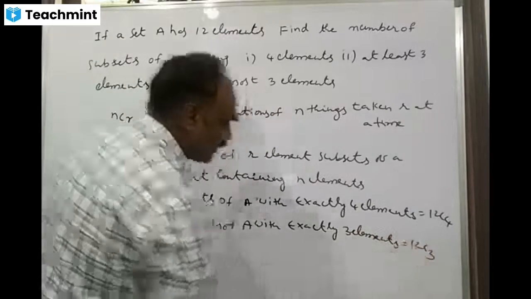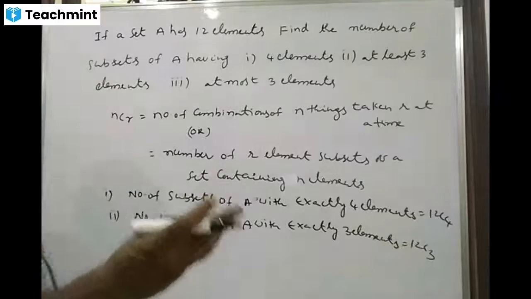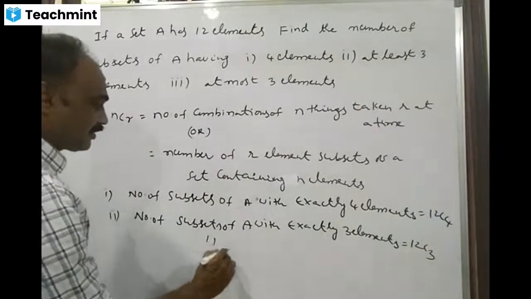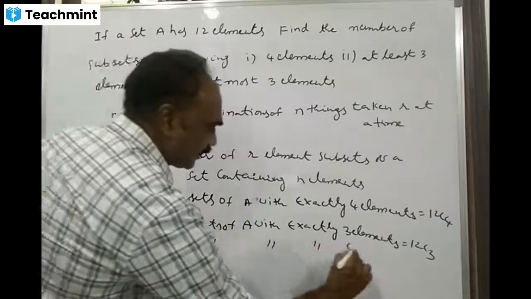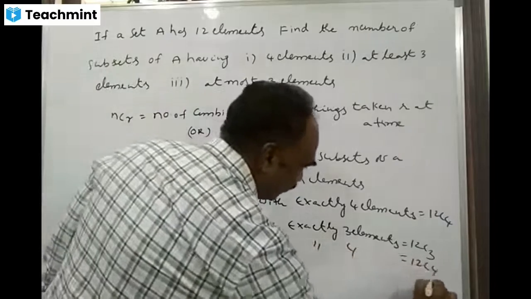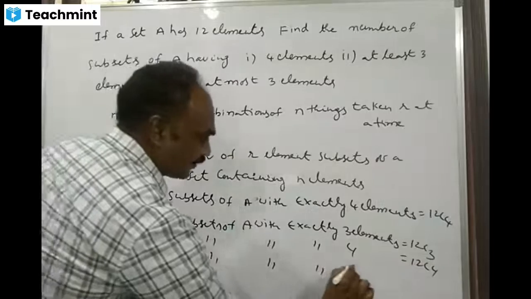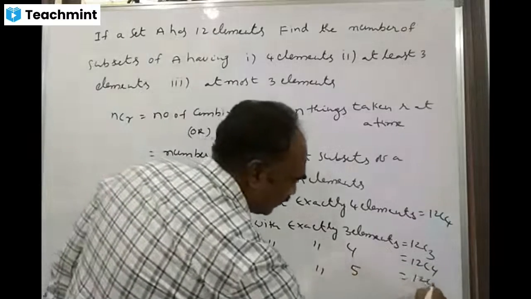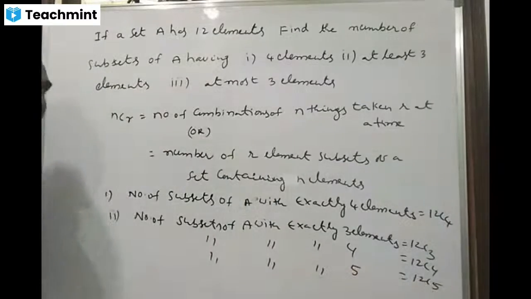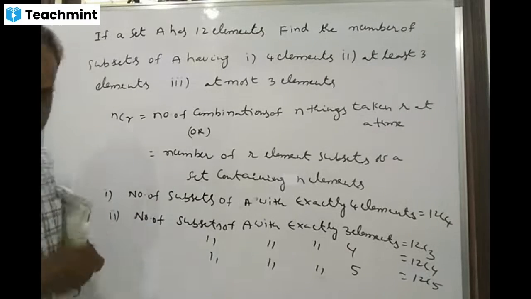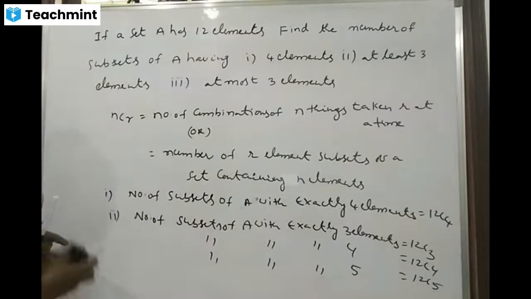At least 3 means 3 or 4 or 5. Next, 4 element subsets: the number of subsets of A with exactly 4 elements is 12C4. Next, the number of subsets of A with exactly 5 elements, answer 12C5, up to the last, 12 elements.